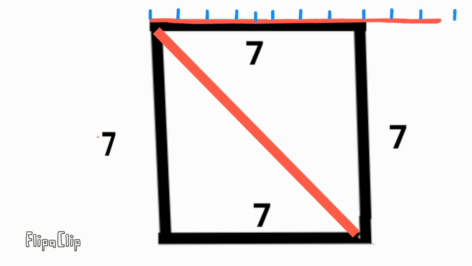I know this is not exactly a prediction, but I'm also not using a ruler. I'm just estimating it. 1, 2, 3, 4, 5, 6, 7, 8, 9. Here's 9.5, and it's a little bit beyond 9.5. Maybe it's about 9.6 centimeters.